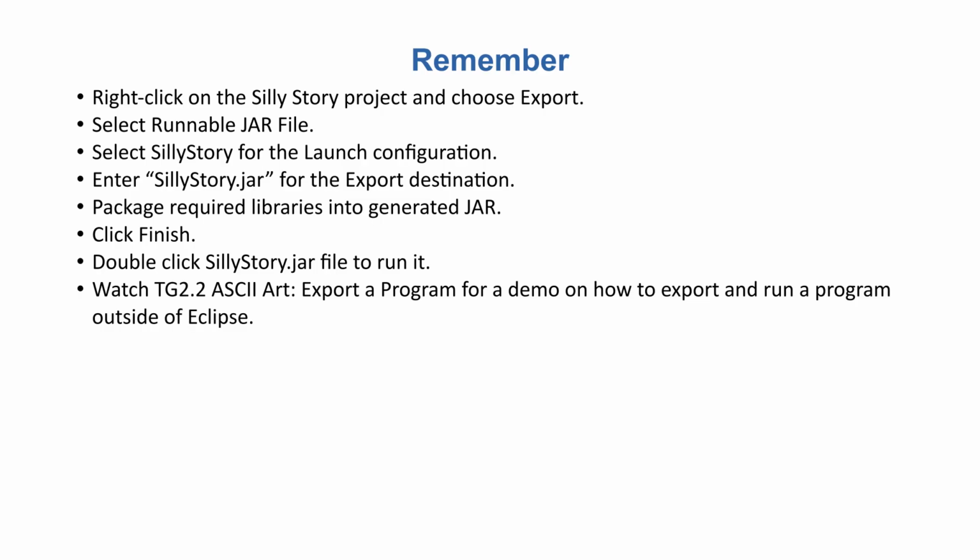Select the option to package required libraries into the generated jar. Click Finish to complete the export. Double-click the generated sillystory.jar file to run it outside of Eclipse. Refer to video TG4.1 ASCII Art Export a Program for a demo on how to export and run the program outside of Eclipse.